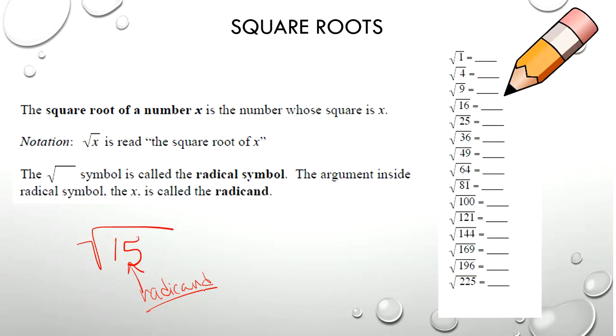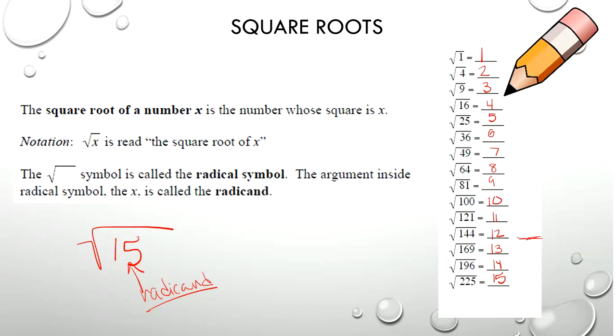Now, there are such things as perfect roots, and you probably already have them in your notebook, but let's make sure we have them down this time. The square root of 1 is 1, the square root of 4 is 2, the square root of 9 is 3, and it's going to keep going. You definitely want to have at least the square roots and the numbers they equal in your notebook, up to about 12.